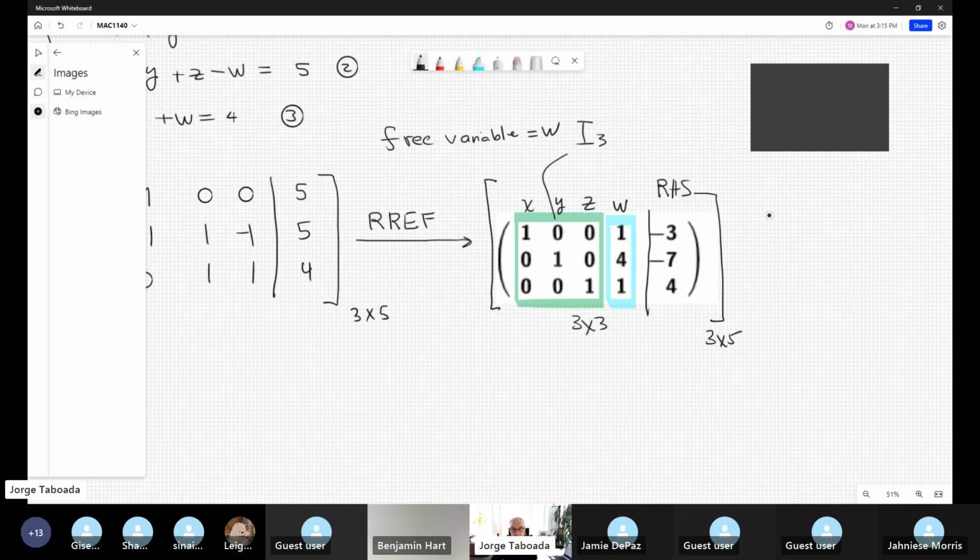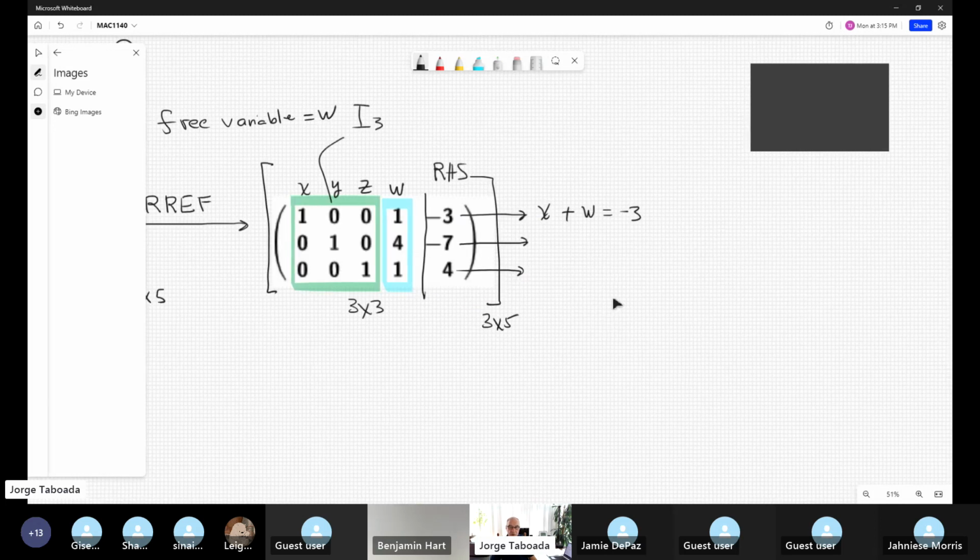So I write, equation by equation, every variable as a function of W. For example, in the first equation I see 1x plus 1w equals minus 3. Therefore, x is equal to minus 3 minus w. So you always isolate the non-free variable as a function of the free one. In the second equation, you see y plus 4w equals minus 7.